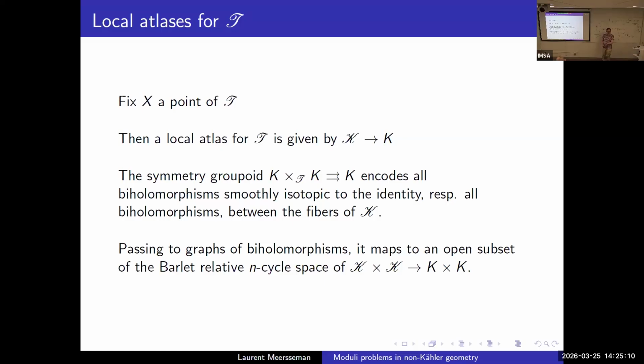They will converge to a cycle, perhaps a singular cycle, but they will converge. This is the Kähler case. In the non-Kähler case, it's completely false. You have some sequences that, although they are bounded, stay in the bounded part of the cycle space, may not admit any convergent subsequence.